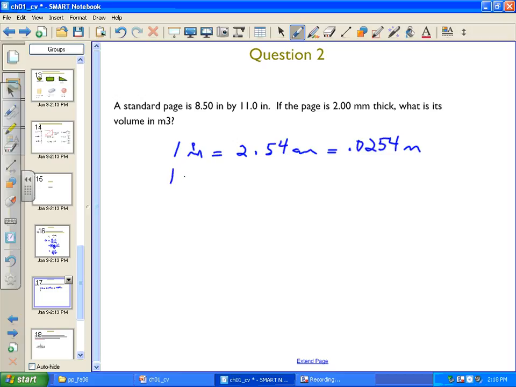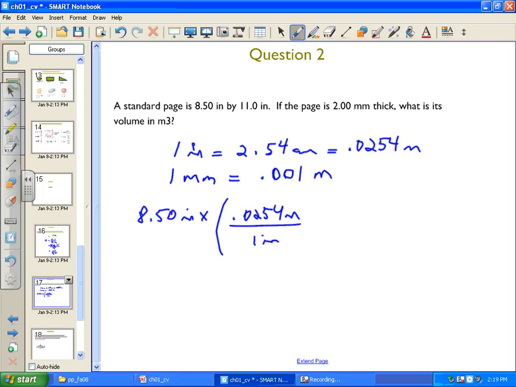We also know that 1 millimeter is equal to 0.001 meter. Now we take each of the lengths that is given to us, 8.5 inches, and we multiply it by the conversion factor, 0.0254 meters is equivalent to an inch.